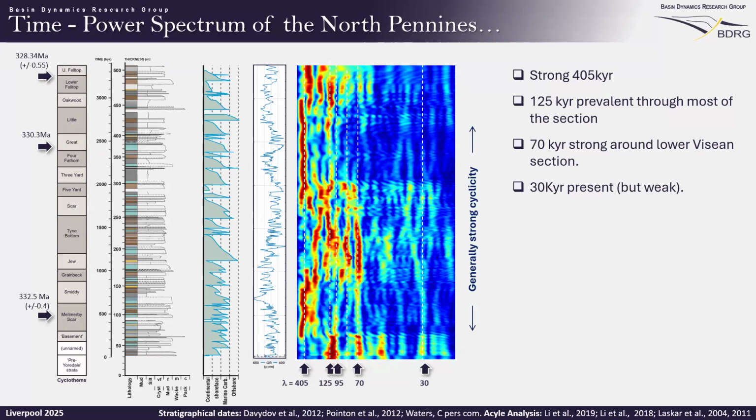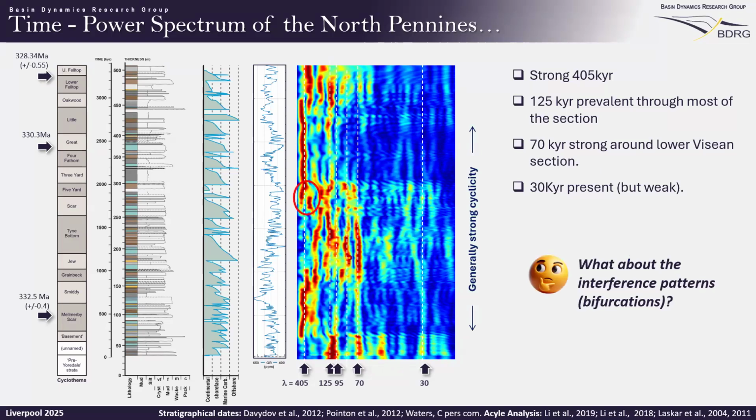And there is actually a 30,000 year signal, this one here, which is quite good and quite consistent, though it doesn't show up on that graph because of the color scaling. It's quite weak, but it is there. So there does seem to be at least some kind of control from these Milankovitch cycles on the development of this succession. Perhaps.